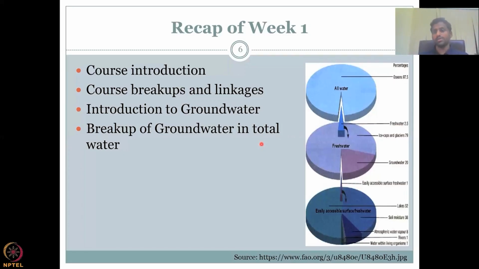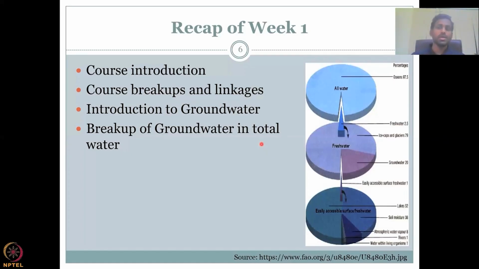Of the 2.5%, only 21% is usable through groundwater and easily accessible surface water. So surface water is only 1%, which is your lakes, soil moisture. Soil moisture can also combine into the top surface. Okay, so the easily accessible water could be 1%, whereas the 20% is groundwater. Of the 20% groundwater, only half of it can be easily accessed.